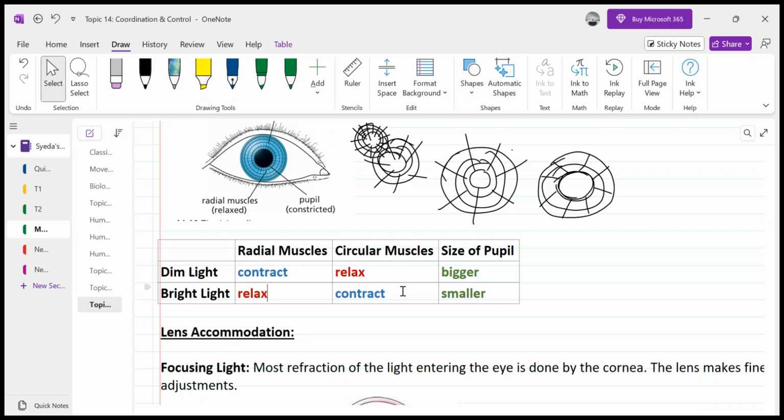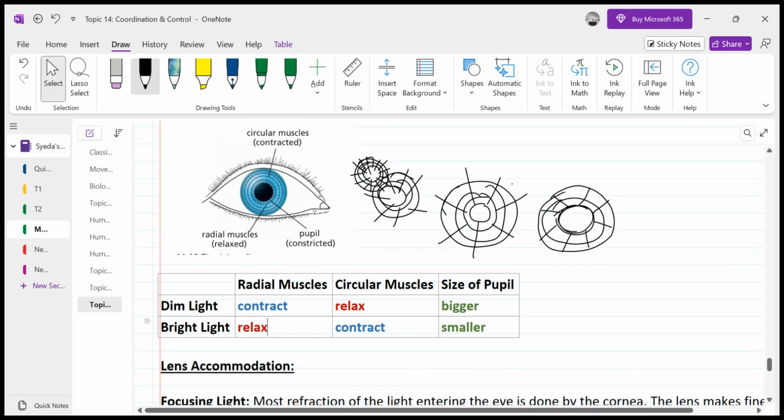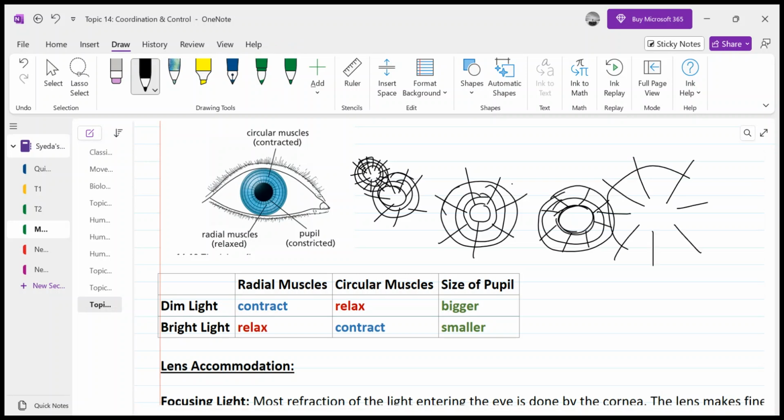Difference between radial and circular? Beta, both are muscles of the iris, right? Radial muscles, they are found this way. Okay, in the iris, their positions are different. And circular muscles, they are found this way. Okay, and they work in pair. Both of them work in pair and they work antagonistically, and they are also called antagonistic muscles.